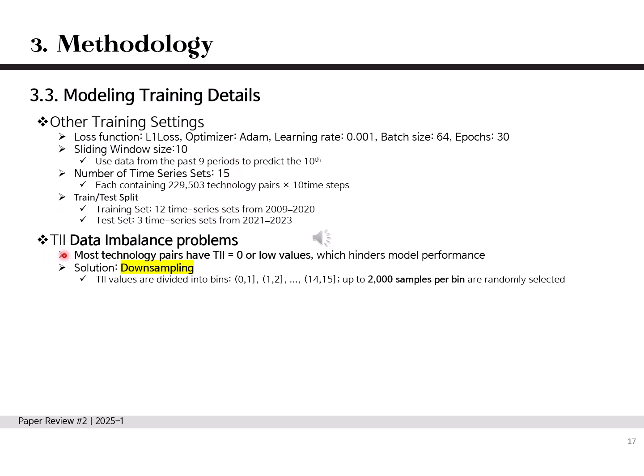Specifically, they have a data imbalance problem because most technological pairs have a TII value of 0 or low values, which can hinder the model performance. So they use a downsampling method, and TII values are divided into bins, called binning. Up to 2000 samples per bin are randomly selected by this process.